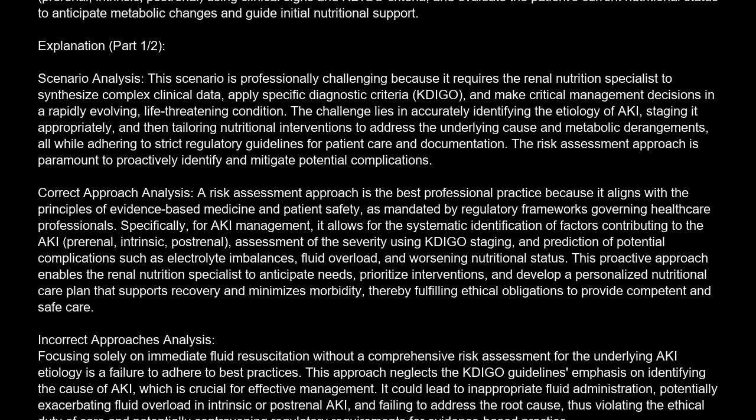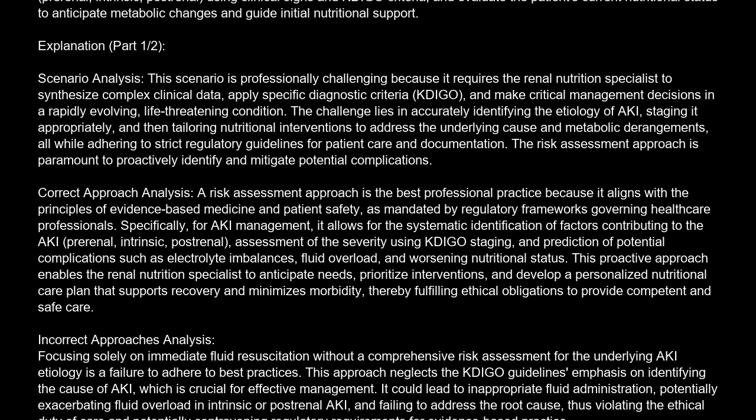The correct answer is D. Conduct a comprehensive assessment of the patient's fluid and electrolyte balance. Identify potential etiologies of AKI, pre-renal, intrinsic, post-renal, using clinical signs and KDIGO criteria, and evaluate the patient's current nutritional status to anticipate metabolic changes and guide initial nutritional support.